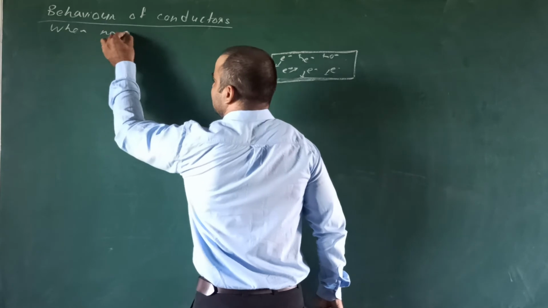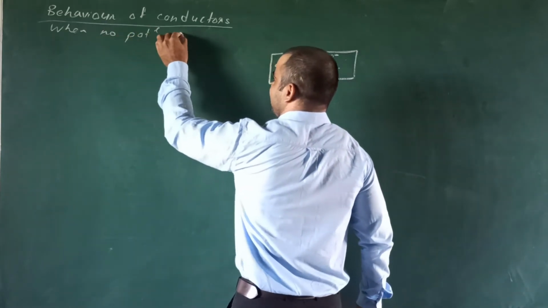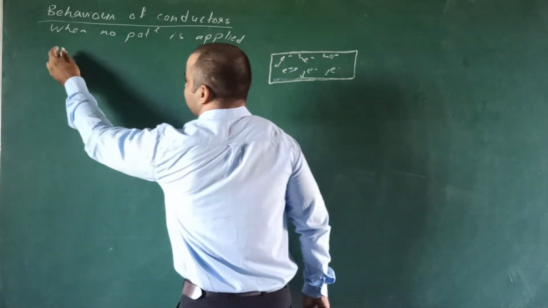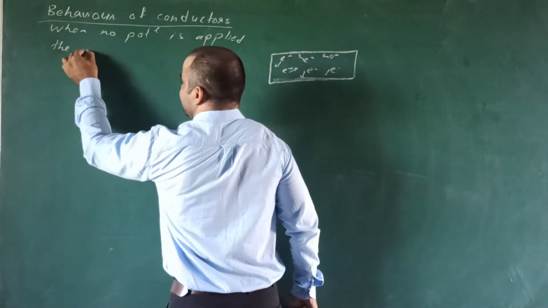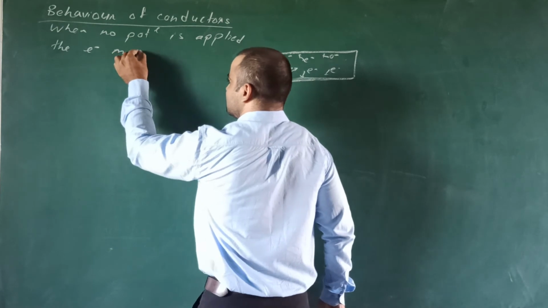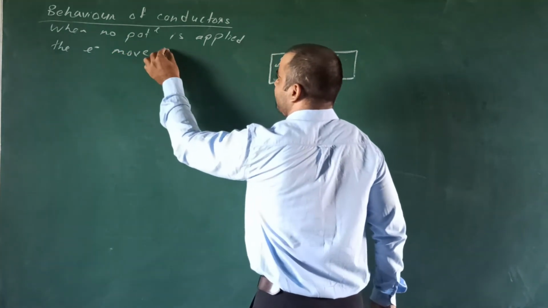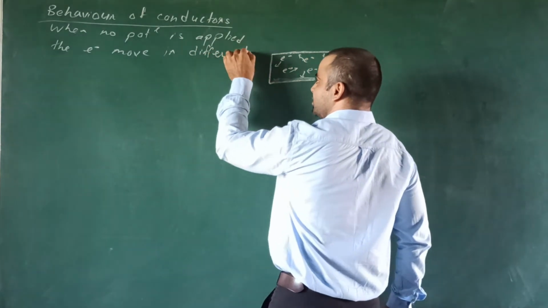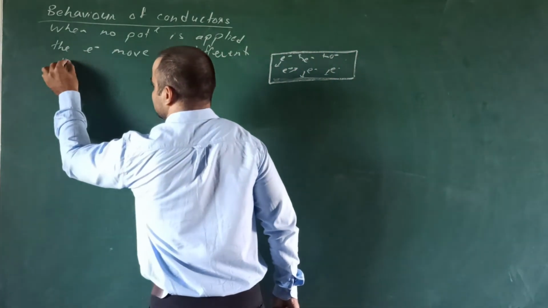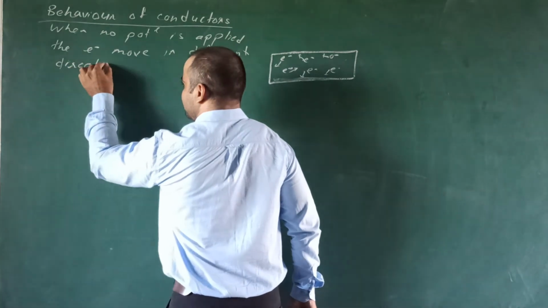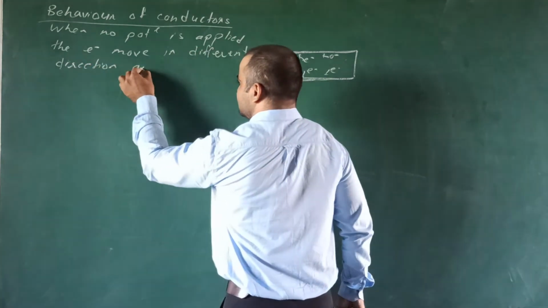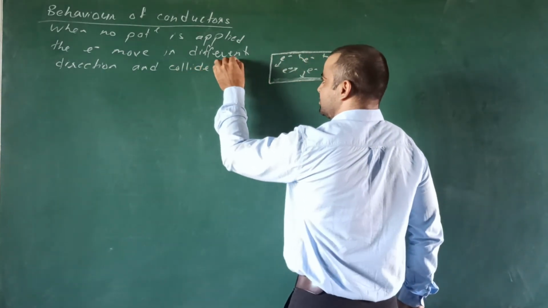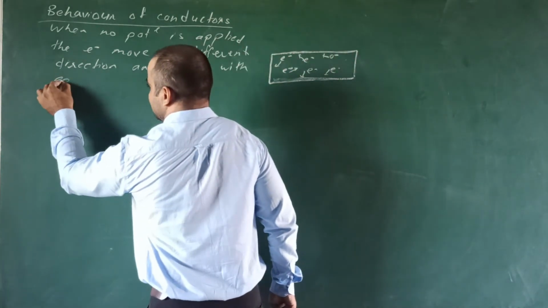When no potential is applied, the electrons move in different directions and collide with each other.